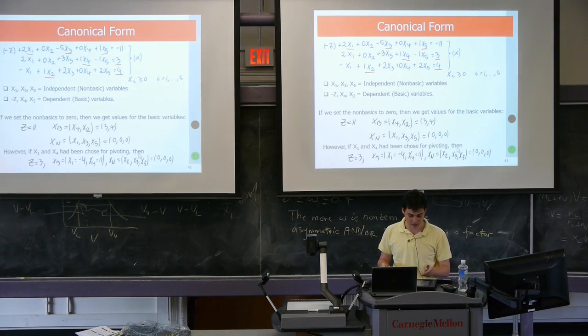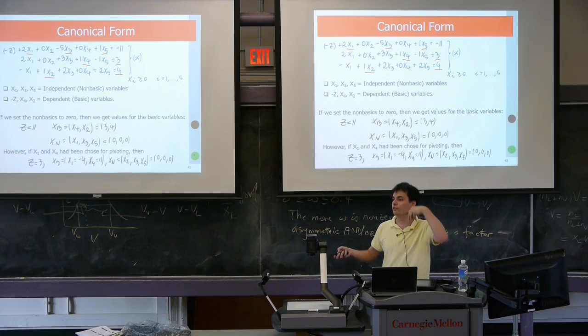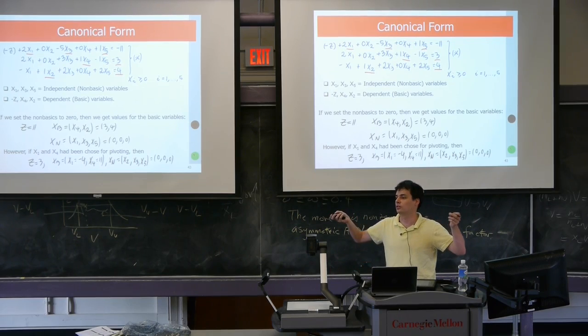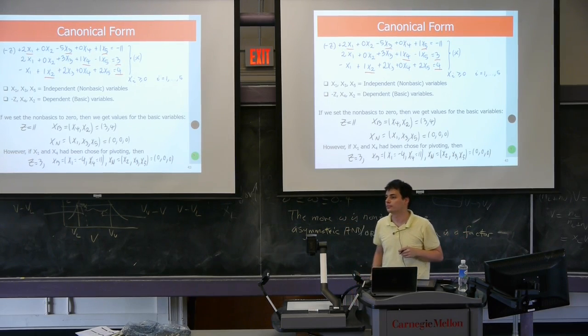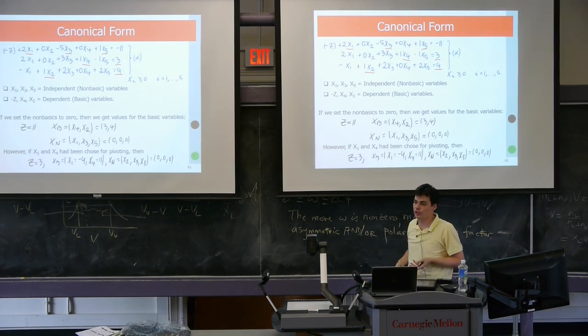And what you can observe is that it's not even a feasible solution, right? Because x1 would be minus 4. And we are looking for a feasible solution where all the variables are non-negative, right? So at some point, the only important thing is that you can set the non-basic variables to 0, and then you will get some values for the basic variables. It might be not feasible. Other questions?